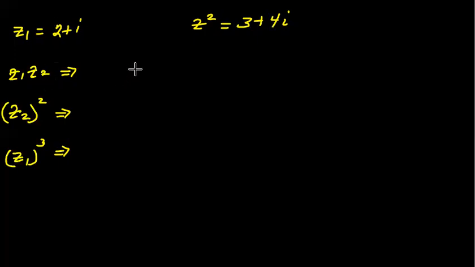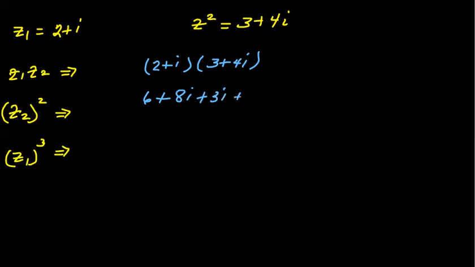All right, so the first one says z1, which is 2 plus i, multiplied by z2, which is 3 plus 4i. So I'm going to get 2 times 3 is 6, plus 2 times 4i gives me 8i, plus i times 3 gives me 3i, plus 4i squared.